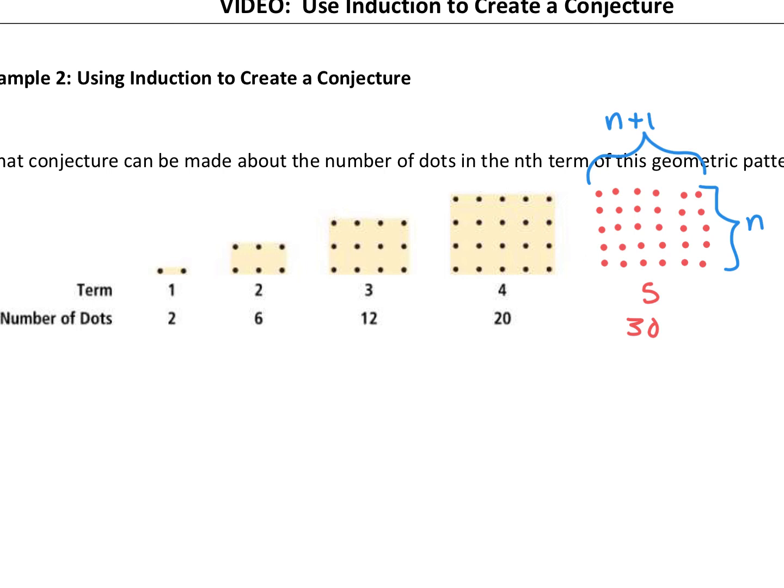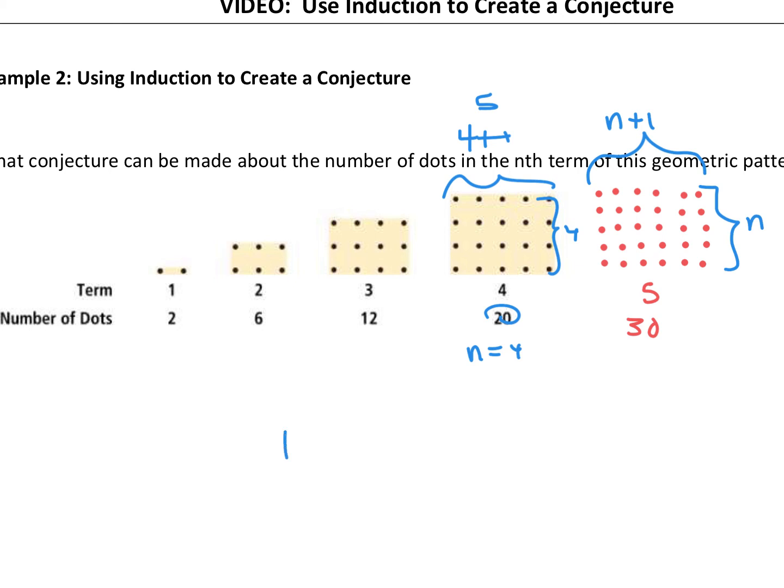So let's just see if that makes sense. If we're in the 4th term, that means that n equals 4. So we're taking 4 times 4 plus 1, which is 5. 4 times 5 is 20. So this pattern is working, or what we have set up so far seems to make sense.